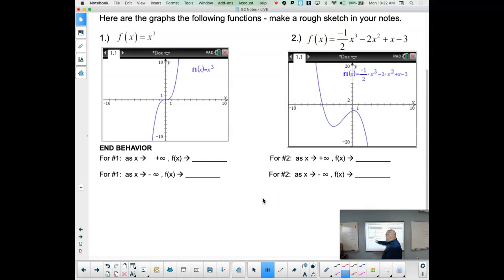So, as x goes to positive infinity, that's saying as I get farther and farther right on my graph, where's my function going? Well, it's going up. It's following this path and it's going up. So that function would be going to positive infinity.